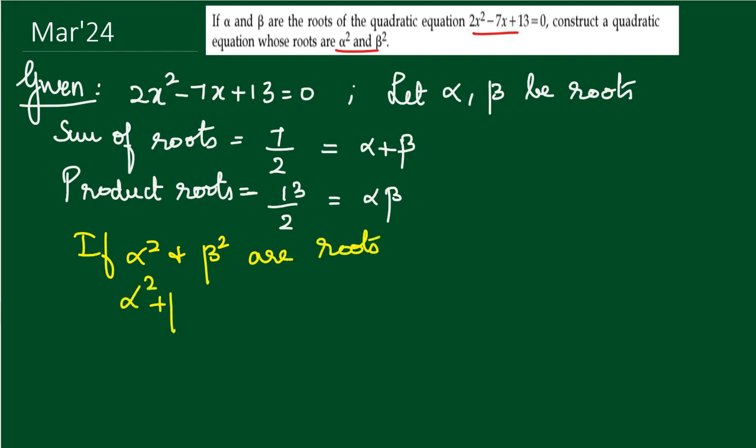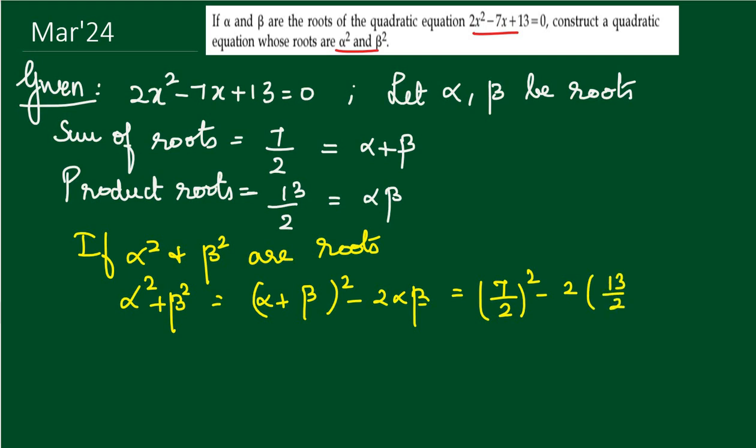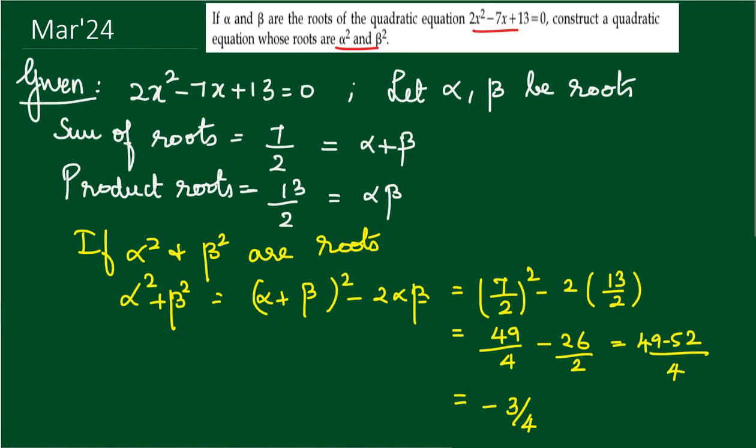Alpha square plus beta square will be equal to alpha plus beta the whole square minus 2 alpha beta, which is equal to 7 by 2 the whole square minus 2 into 13 by 2. This is equal to 49 by 4 minus 26 by 2, which is equal to minus 3 by 4. This is the sum of the roots.